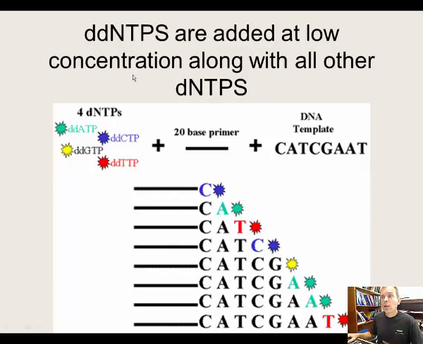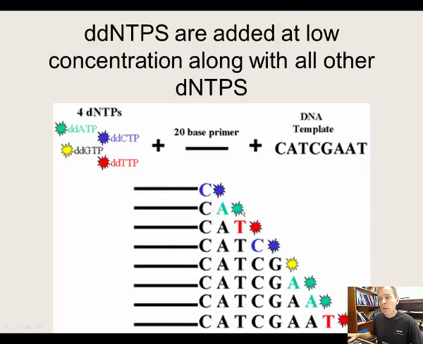ddNTPs are added at low concentrations. They have to be added at low concentrations along with all the other nucleotides. So only occasionally will these bases be added. So for example, one strand, if there is a C in this position, then this is the one that the dideoxynucleotide was added. But you'll notice in this one down here, the second one down, the C that was added was the normal dNTP.